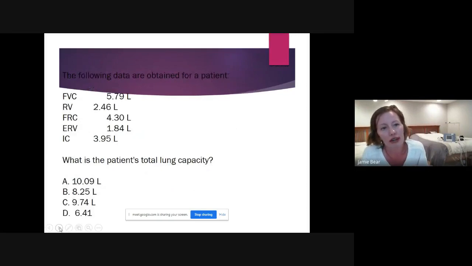The following data are obtained for a patient. FVC 5.79, RV of 2.46, FRC 4.3, ERV 1.84, and IC of 3.95. What is the patient's total lung capacity?